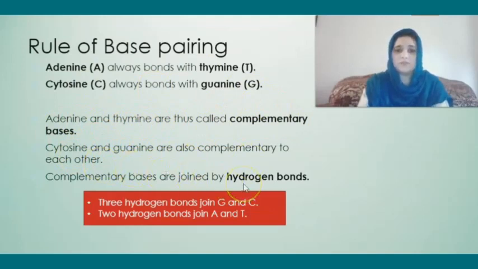Complementary bases are joined by means of hydrogen bonds. Hydrogen bonds join the bases in the center of the double helix of the DNA. 3 hydrogen bonds join G and C. 2 hydrogen bonds join A and T. You should remember how many hydrogen bonds are present in each pairing of the nitrogenous bases.